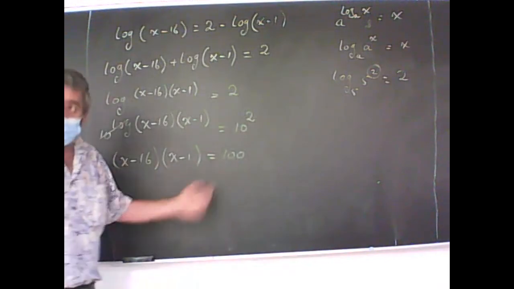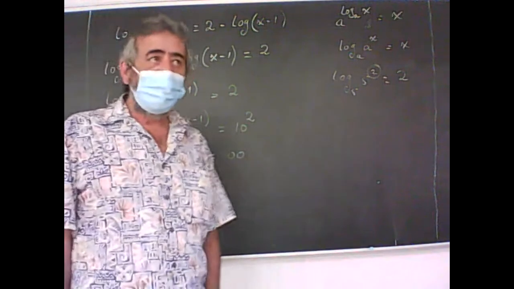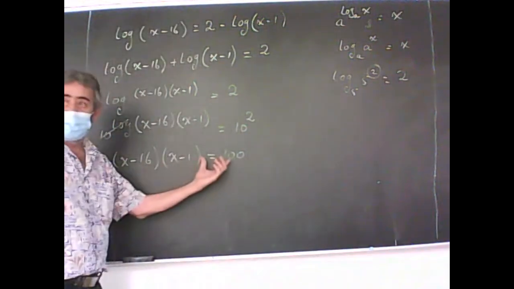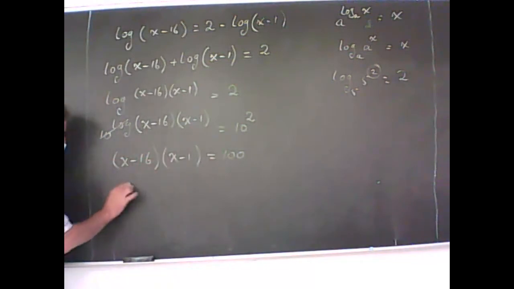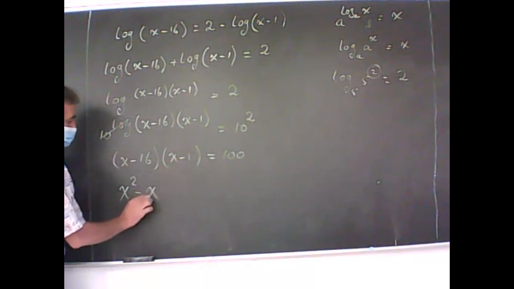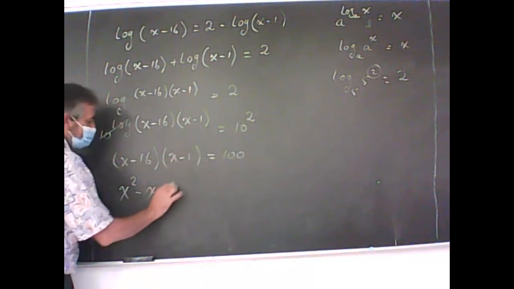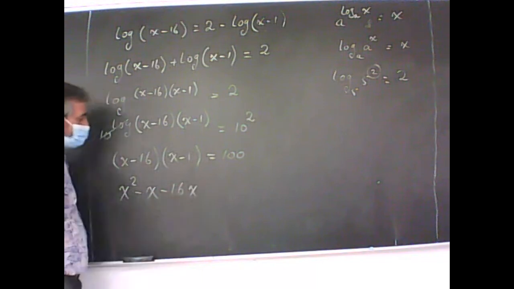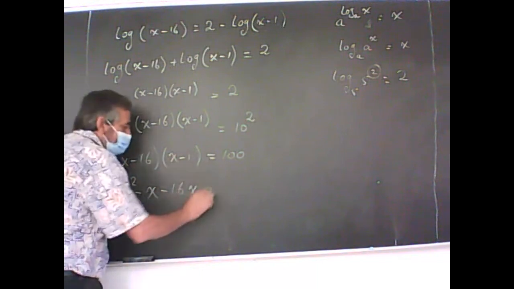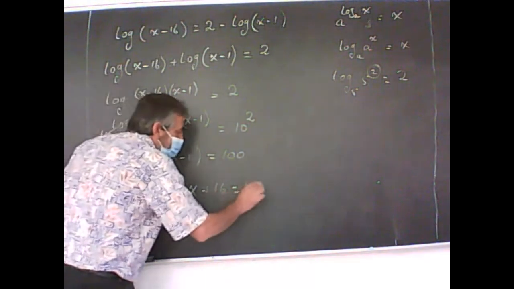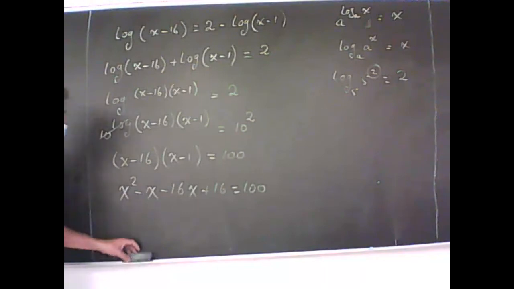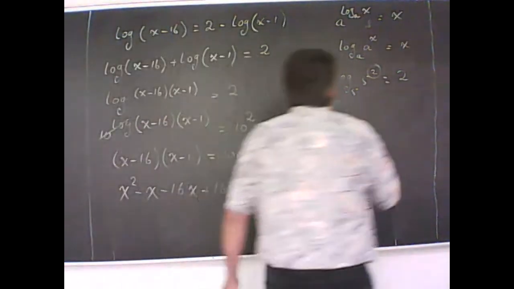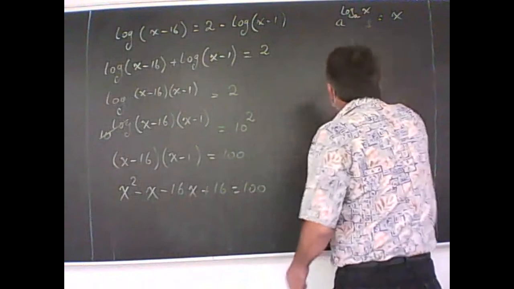Well, now this is simply algebra. To solve this, we need to expand first and then see what we can solve. So x times x is x squared. x times negative 1 is minus x. Minus 16 times x is minus 16x. Negative 16 times negative 1 is positive 16 equal 100. Okay. This is a quadratic. Let me erase these.